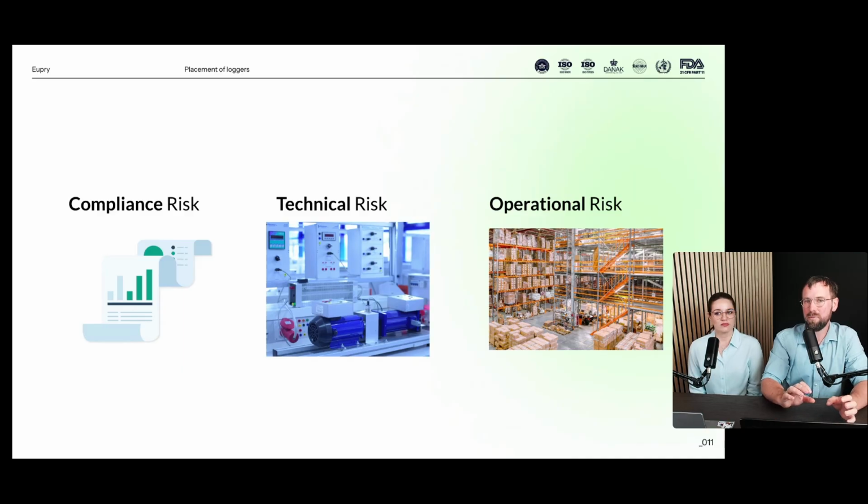That might be less of a risk than if you have intermediate storage. Do you have areas where there's a large volume of people at some points during the day, and at other times it's not as much? All of those things need to be identified because they have an effect on where we place sensors, and they have an effect on how we plan out the test methodology.